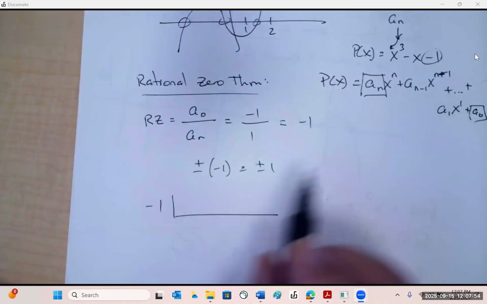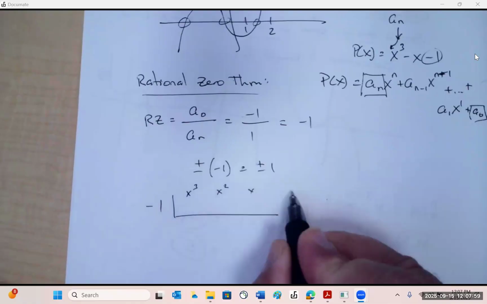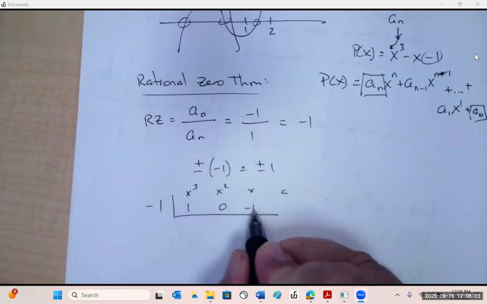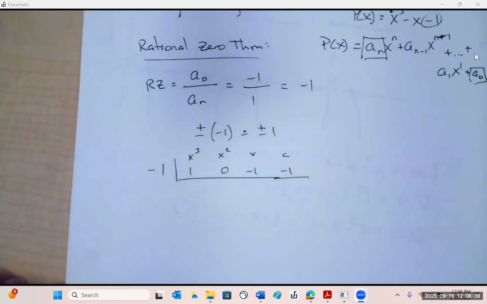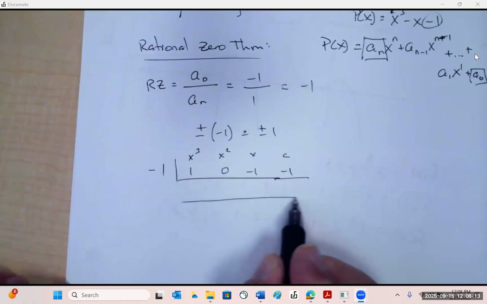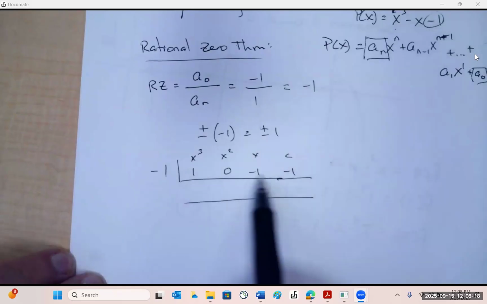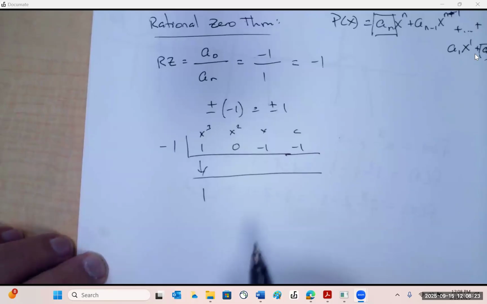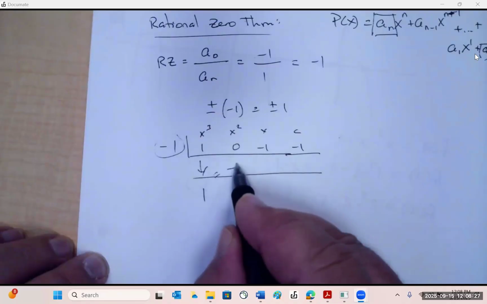So our synthetic division, this is our coefficient for x cubed, x squared, x, and our constant. Remember, our function was x cubed minus x minus 1, so we have to find the coefficients. Bring the first one down. Multiply -1 times 1, put it there.